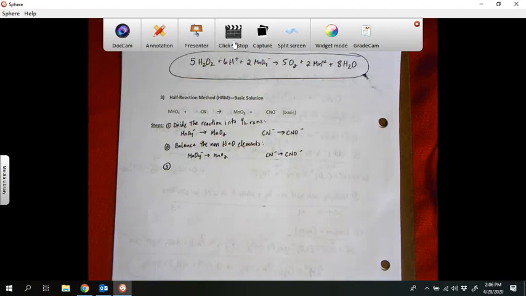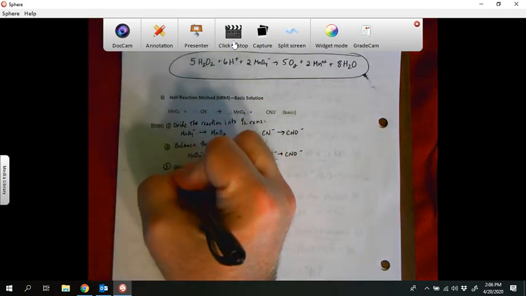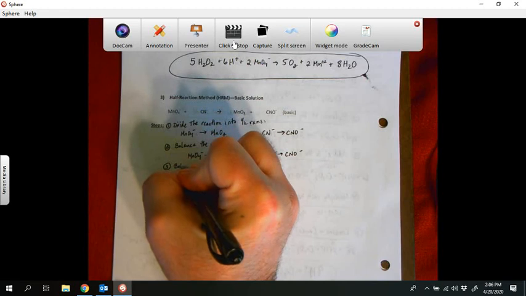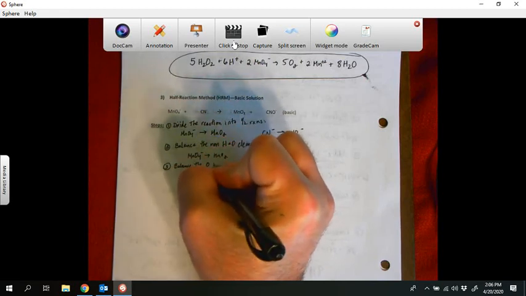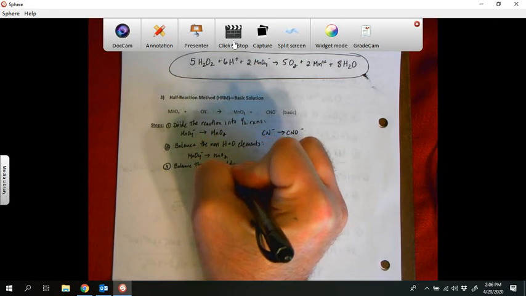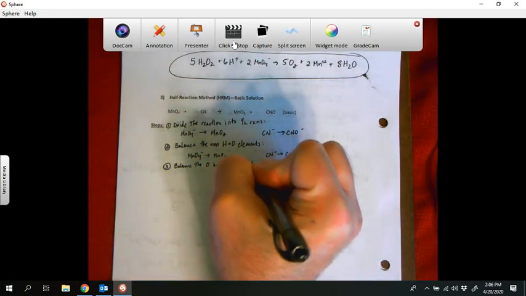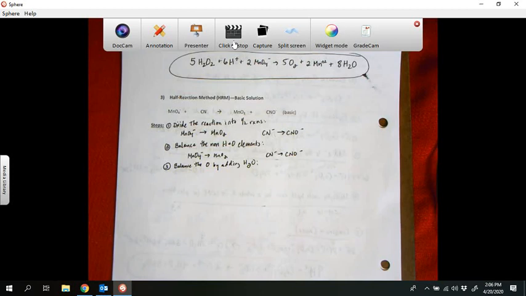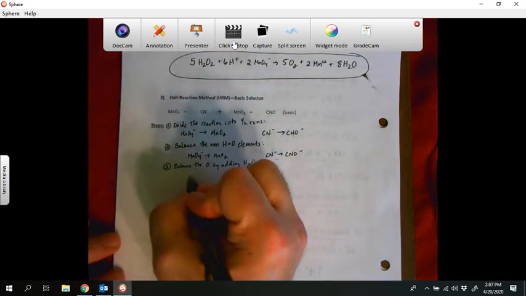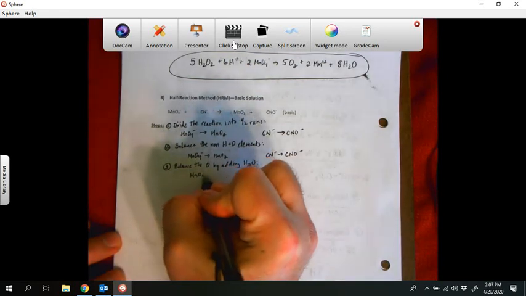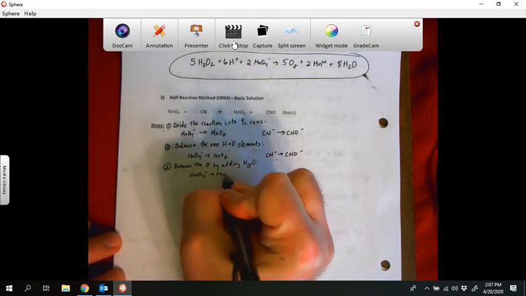So our third step, just like with acidic, we balance the oxygen by adding water to whatever side needs it. So if we look at our first half reaction, MnO4 minus yields MnO2.